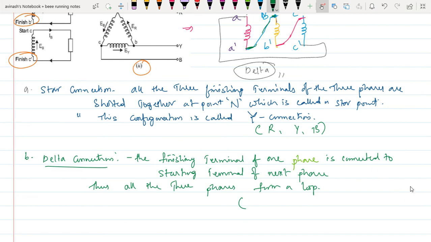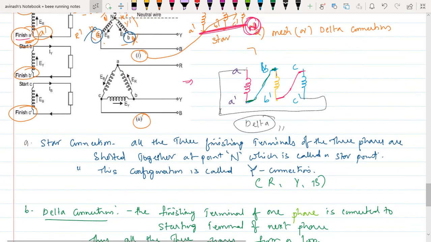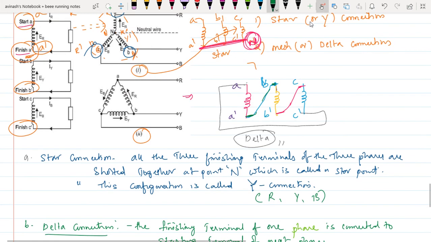If you observe this point, it is a combination forming from R to Y. Here, the voltage is framed between Y and B. Here, the voltage is framed between R and B. But what about the star?